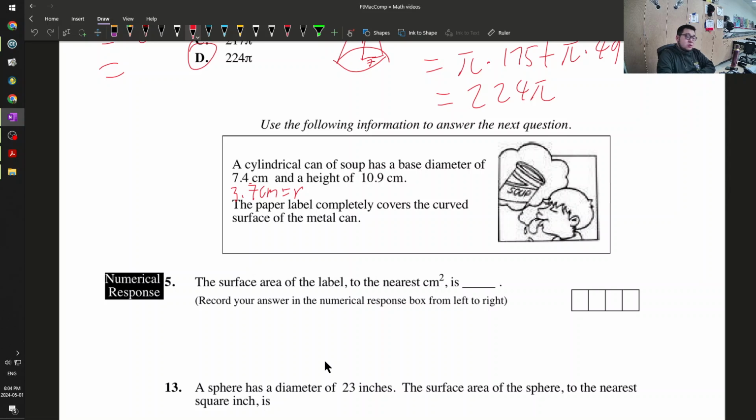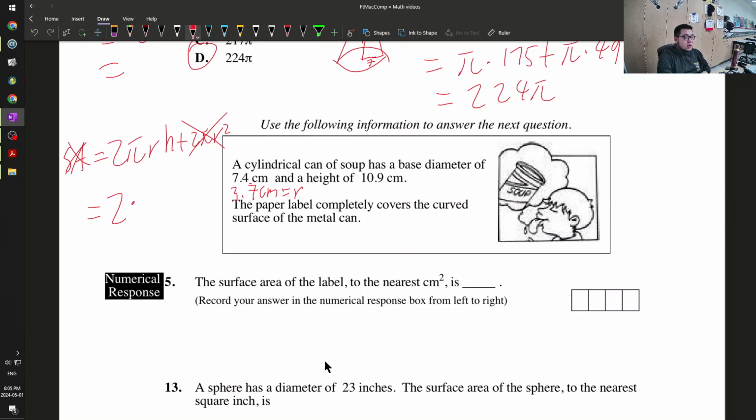Okay, so usually the formula for the surface area of a cylinder is 2 pi r h plus 2 pi r squared. So this is a top and bottom, 2 pi r squared, so we don't include it. So if we want to find the curved surface area of the soup can, we just do 2 pi r h.